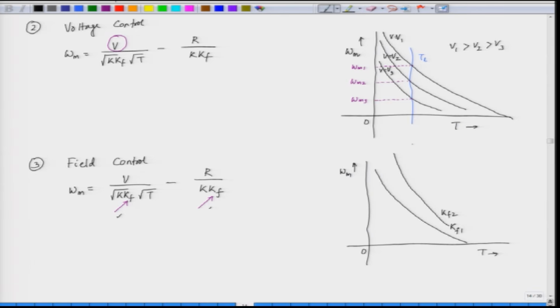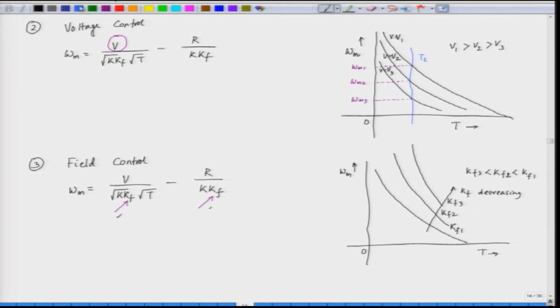So, this is Kf 3. So, Kf 3 is less than Kf 2, which is less than Kf 1. As we go on decreasing the value of Kf, the speed torque characteristic changes like this.